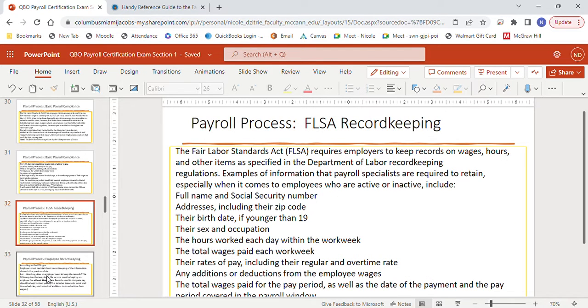Record keeping. Under FLSA, employers are required to keep records on wages, hours, and other items as specified in the Department of Labor record keeping regulations.